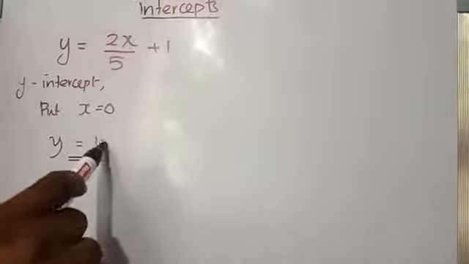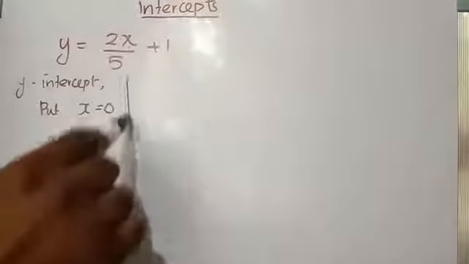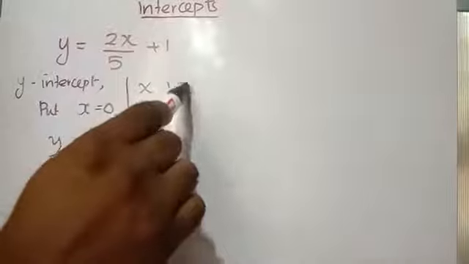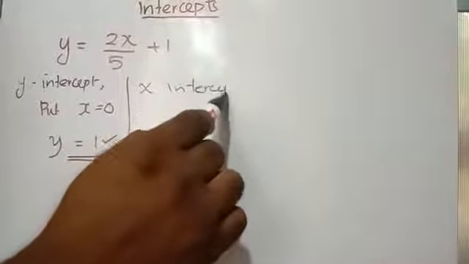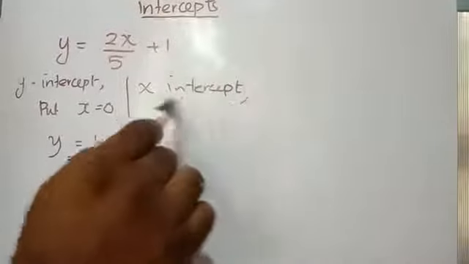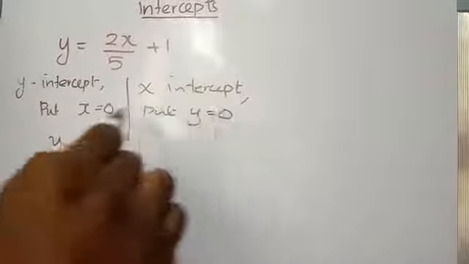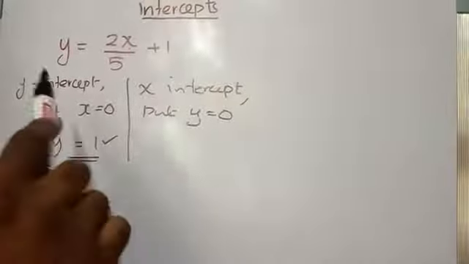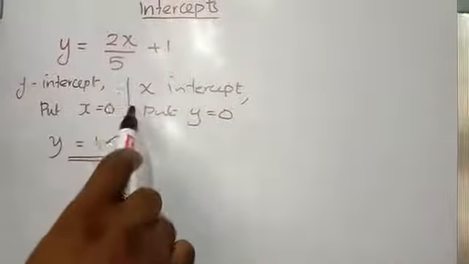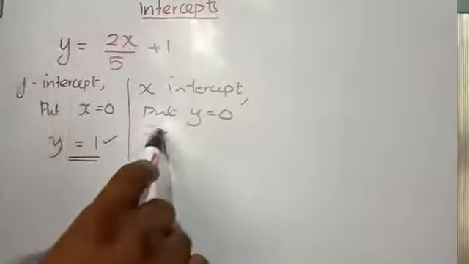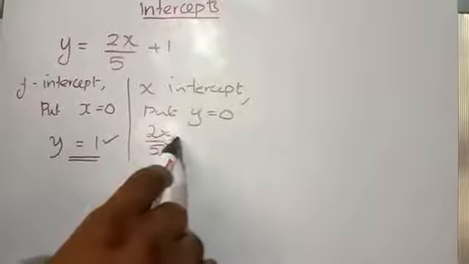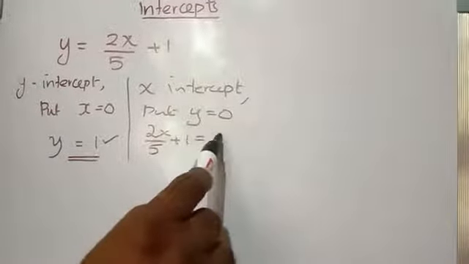So y-intercept is 1. Now to find x-intercept, put y is equal to 0. So when you substitute y is equal to 0 in the equation, we get 2x by 5 plus 1 is equal to 0.